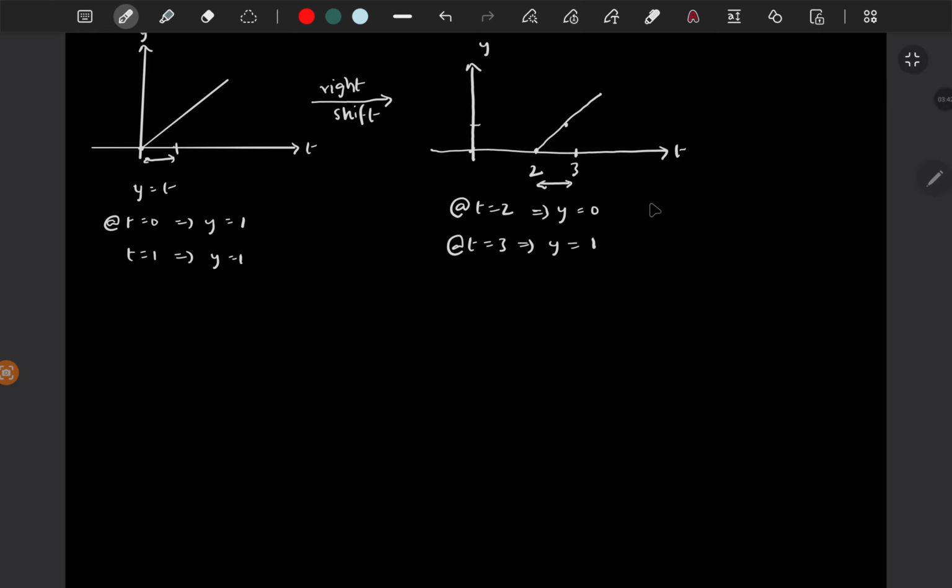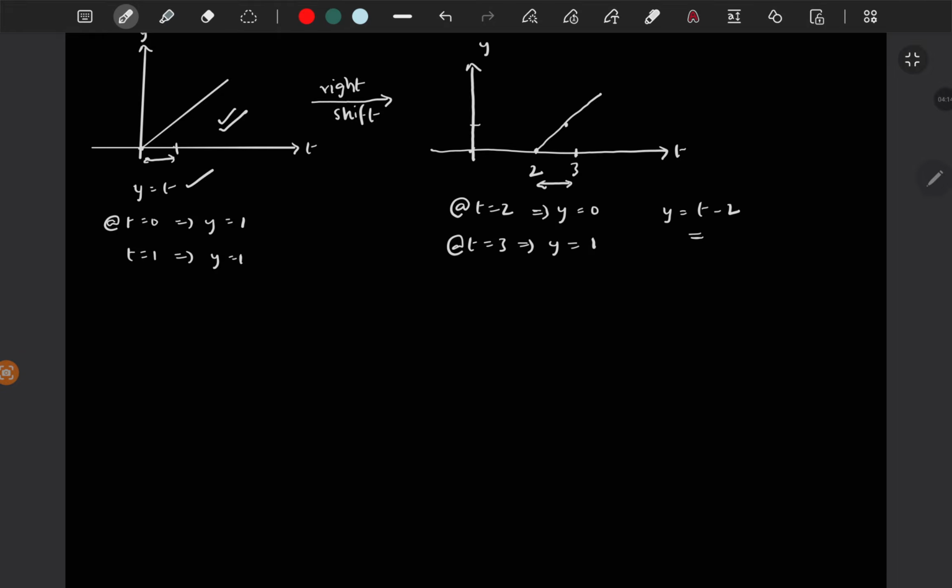So to get this, what we have to do is y is equal to t minus 2. If you substitute t is equal to 2, then you will get y is equal to 0, and if you substitute t is equal to 3, you will get y is equal to 1. So this is what the right shift means. You know the existing waveform equation, which is y is equal to t.